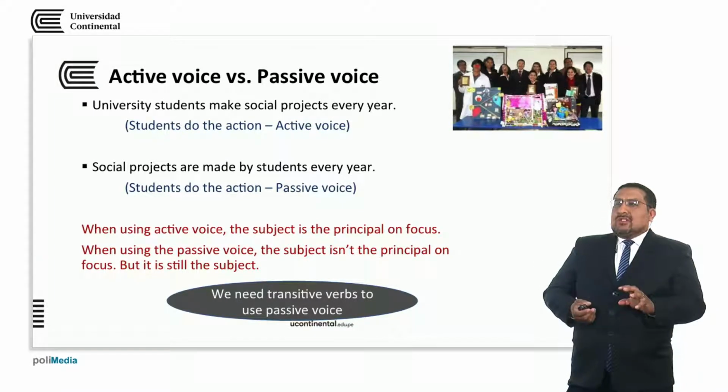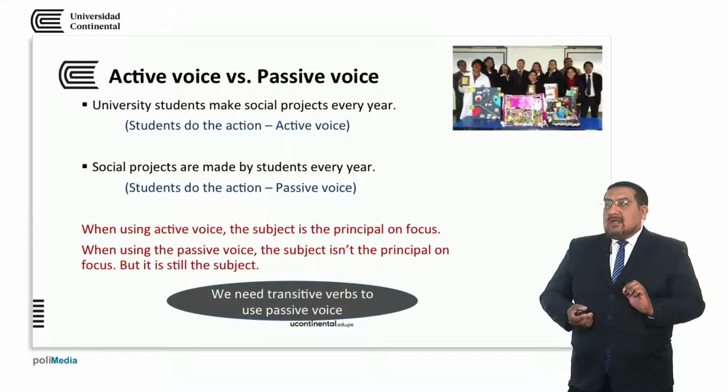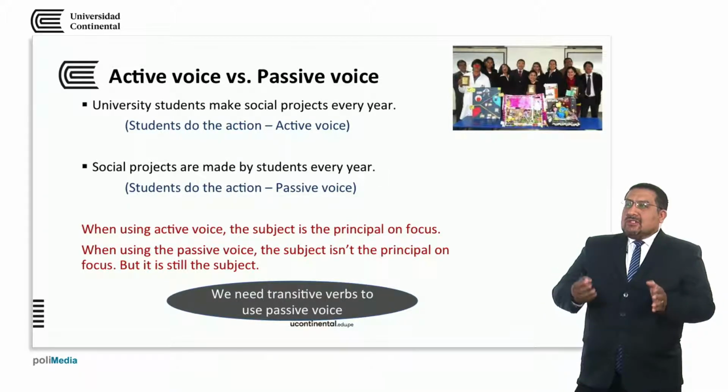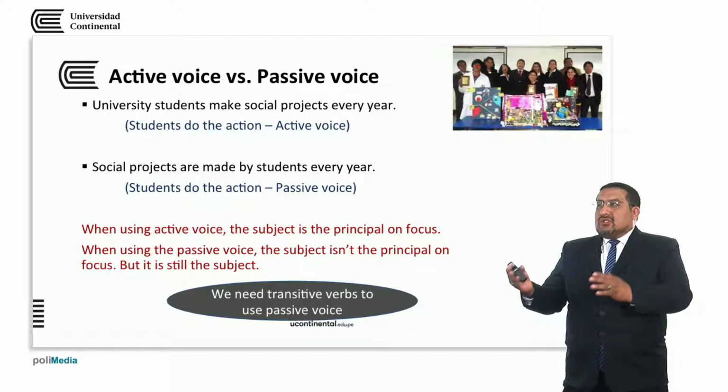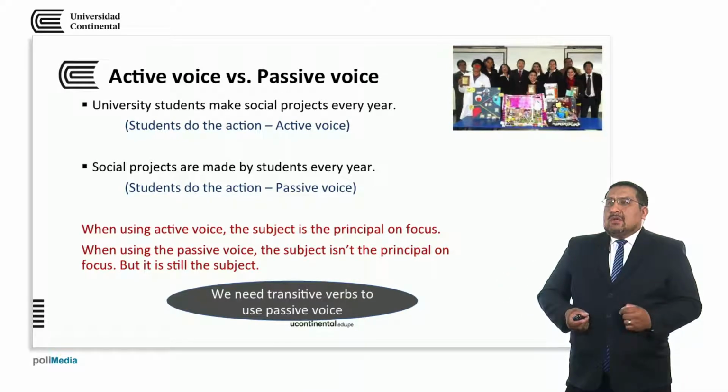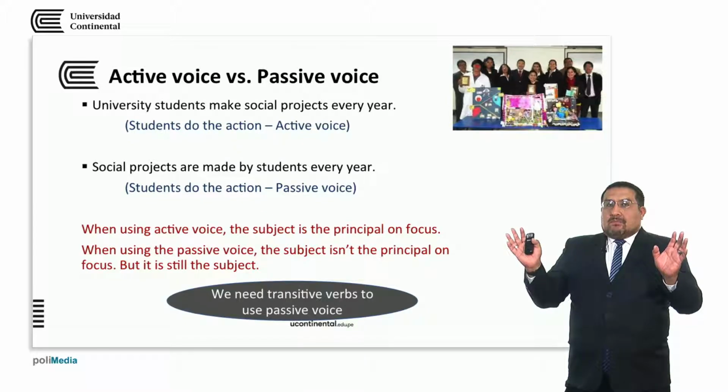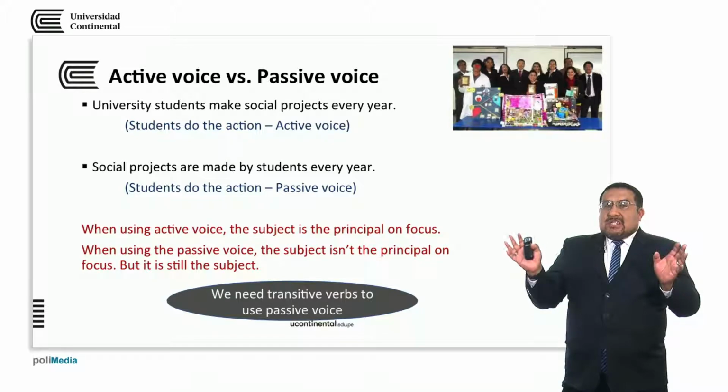First, you have these two examples to understand the idea. In the first example, you say, university students make social projects every year. In this case, we have two persons or two nouns, the actor and the receiver of the action.